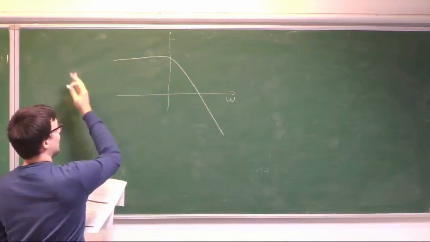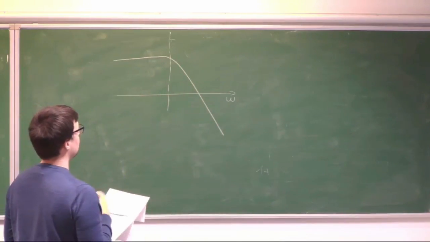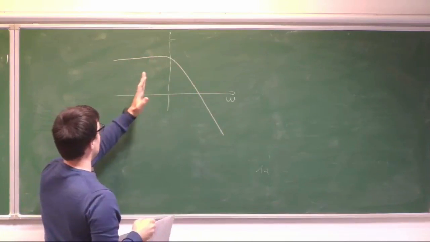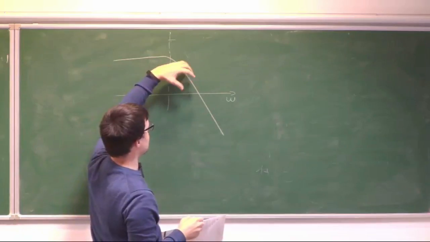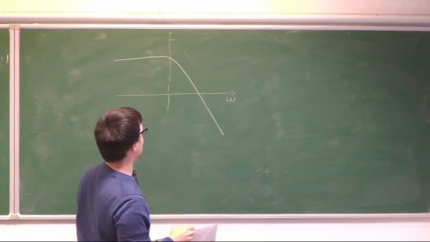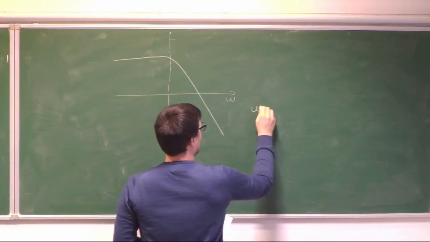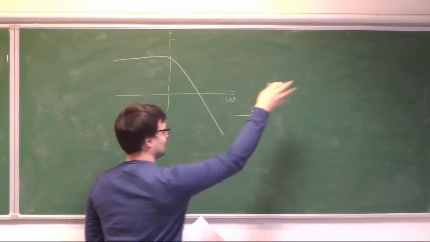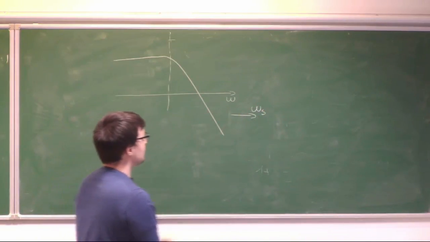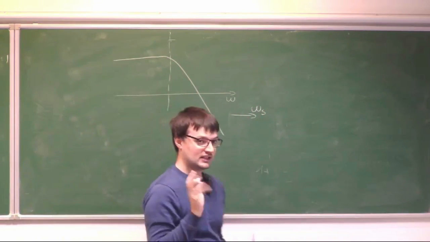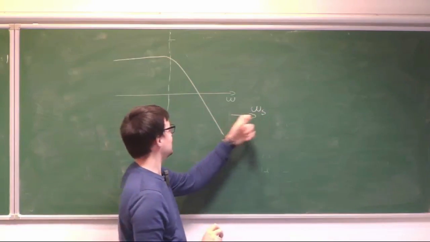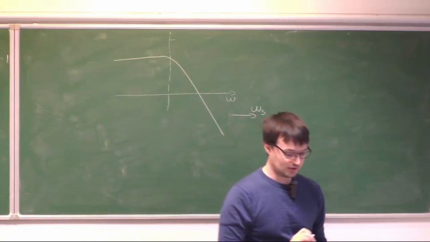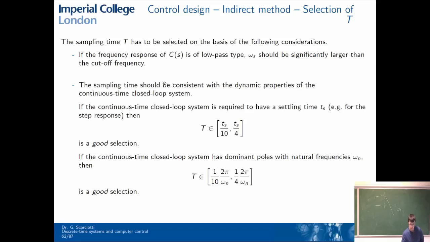So this is a low pass, the controller is of low pass type because, as you see, it's preserving the low frequencies while attenuating the higher frequencies. Then we want to choose omega S much larger than this frequency here, okay? So this omega S has to be far away. And the reason is that the omega S is linked with the sampling time. So if you select an omega S that is much larger than the cutoff frequency, you are actually selecting your sampling time, okay?